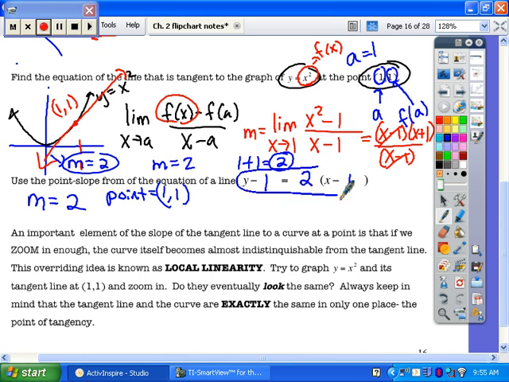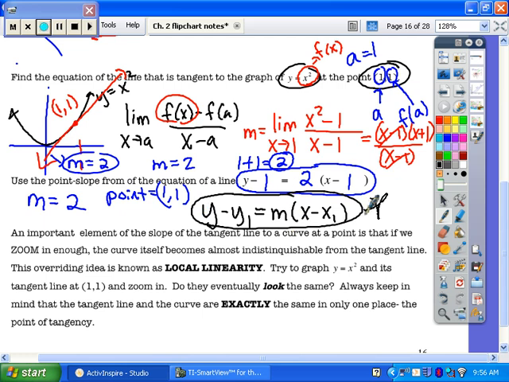And there's your equation. There's no reason to simplify it. You don't have to distribute. You don't need to add the 1 over. Just leave it like that. That's fine. So just make sure you really know point-slope form. It's y minus y1 equals m times x minus x1. You'll use this a lot when writing the equation of a tangent line.